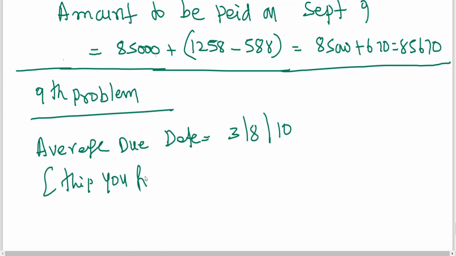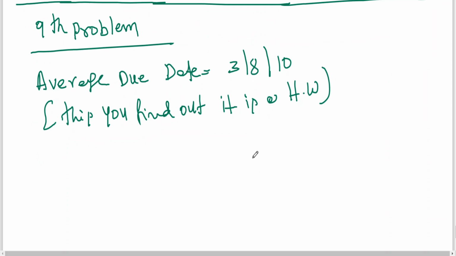This you find out. It is homework for you. Average due date is homework, but I got 3rd August 2010 as the average due date. This is point number 1. I think you can do that average due date now.